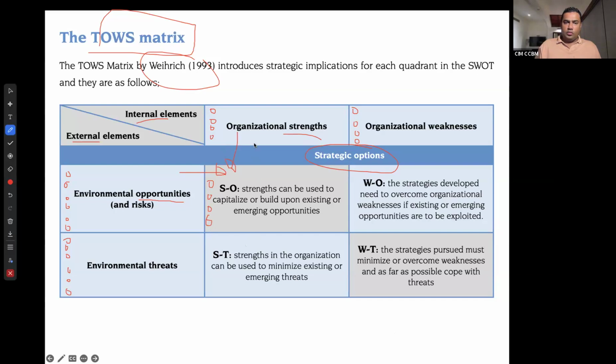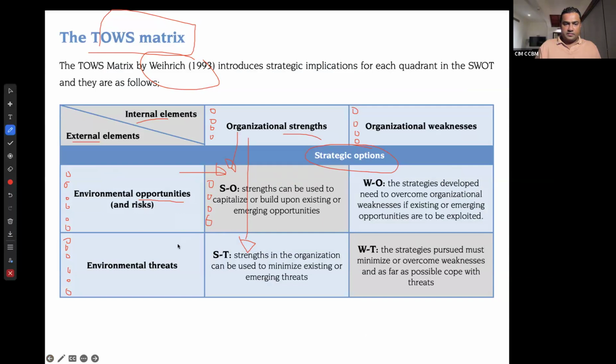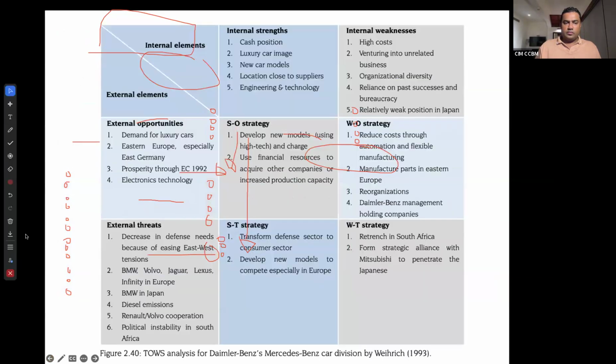What can you do by using your strengths to mitigate some of your company's threats? There are certain initiatives you can do.